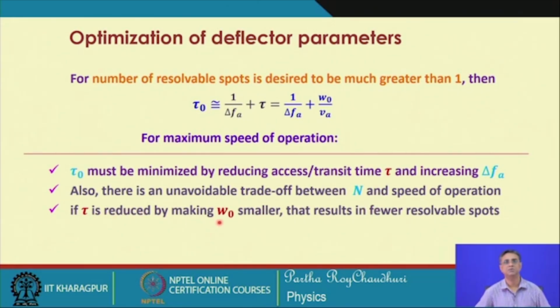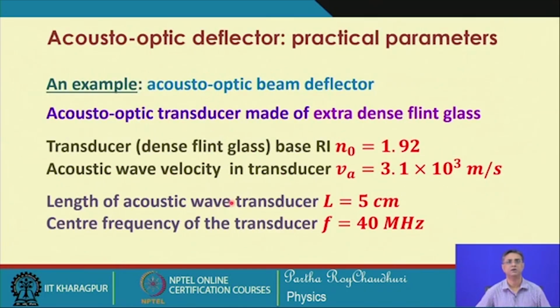If tau is reduced by making W 0, that is the optical beam width, smaller, that results in fewer resolvable spots. So, these are the limitations which the designer has to work on to get the best performance of the modulator.